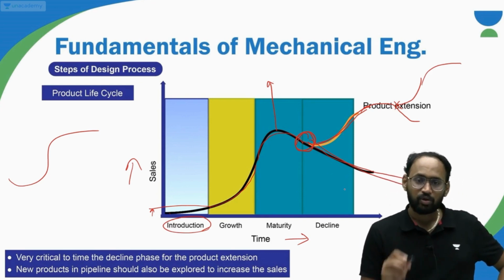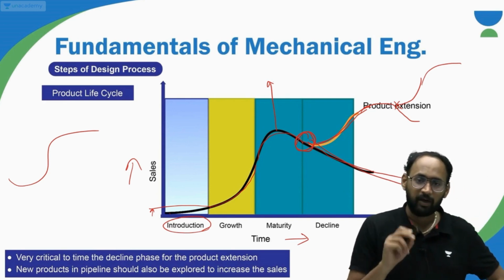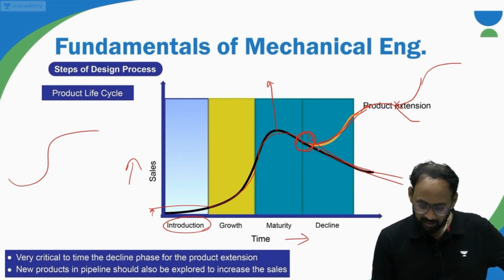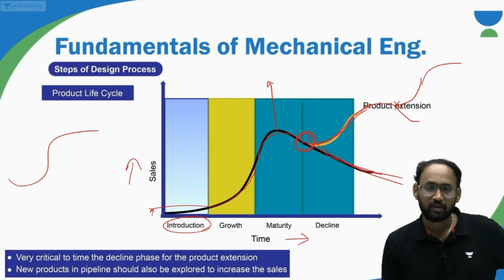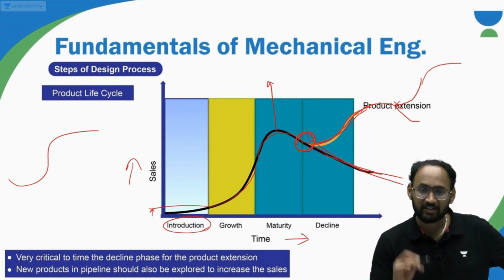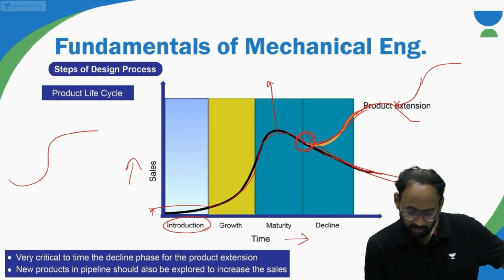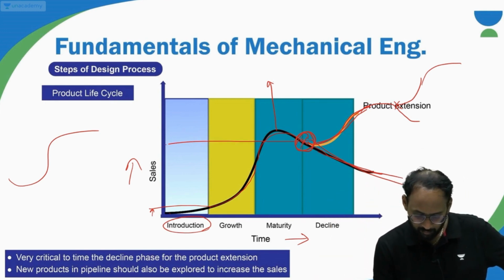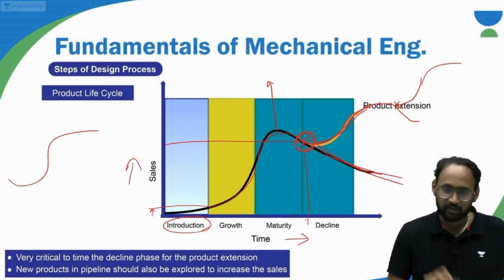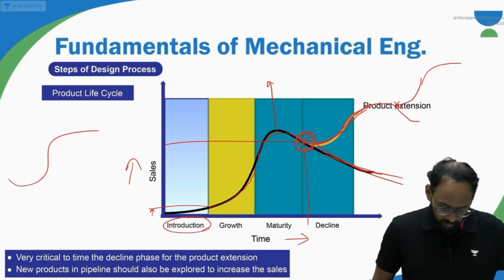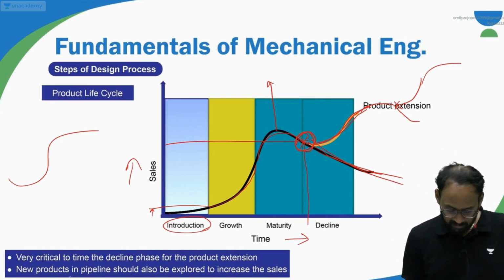You should always have adequate concepts in the pipeline just to jump the decline in profit and get into the next cycle. So catch the bus, catch the next bus, keep catching the next bus. For that, this point is the key, where you know the sales starts coming down. As I said, new products in the pipeline is key.